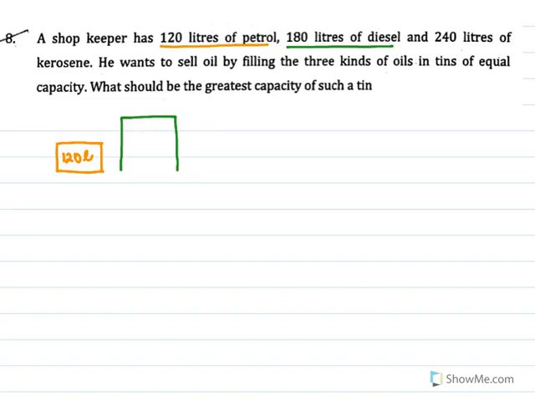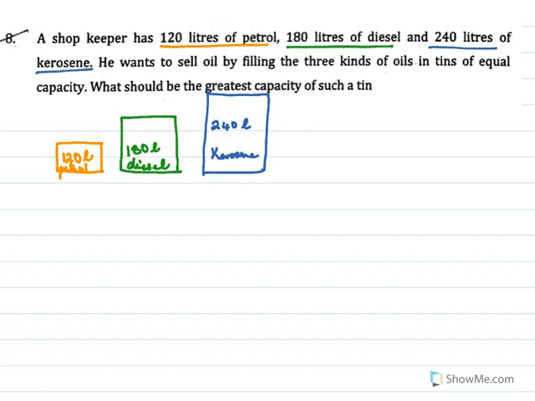So it's a little bigger. 180 liters, and this is diesel. This was petrol. And 240 liters of kerosene. That's even larger. 240 liters of kerosene.